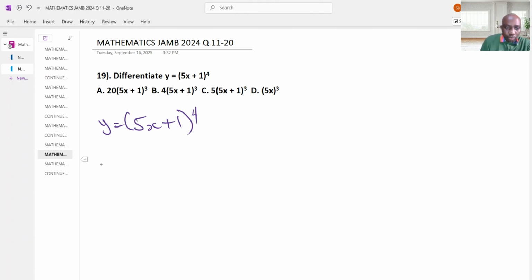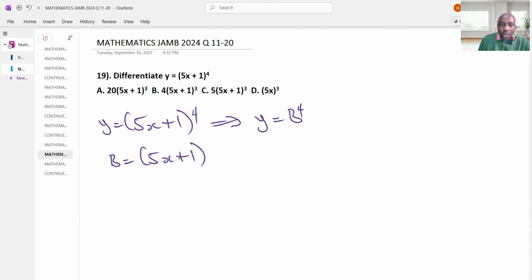Let's assume that b equals 5x plus 1. Then we can rewrite the question as y equals b raised to power 4.